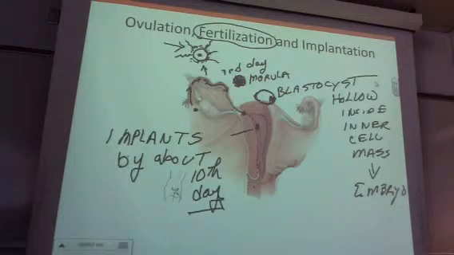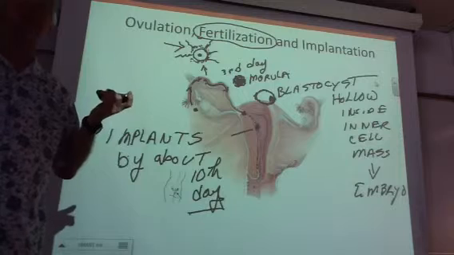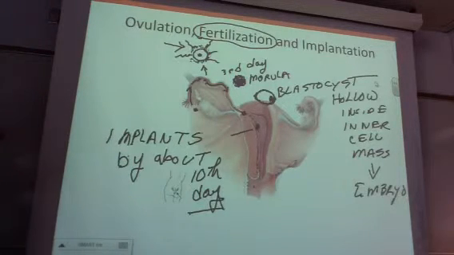Takes it 4 to 5 days to get into the uterus, and then it will stick to the lining and then start digesting its way in. So we figure 5 or 6, 7 days later, whatever, it will be found within the endometrial lining, taking up residence in there and continuing its development.